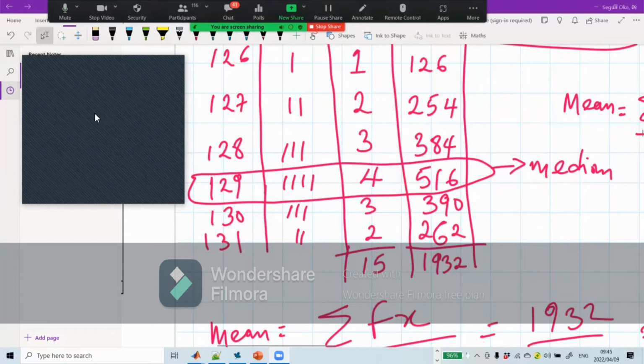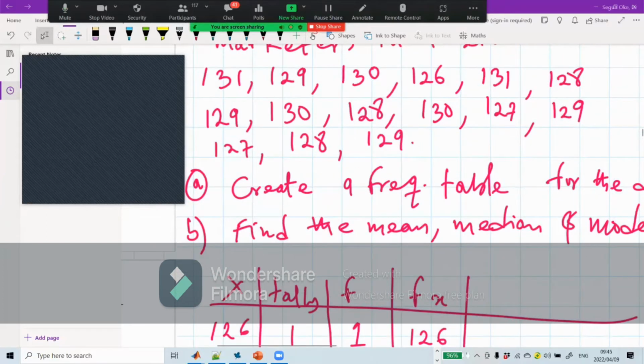There's a way you calculated it. All we did was, how many figures do we have? The total is 15, right?